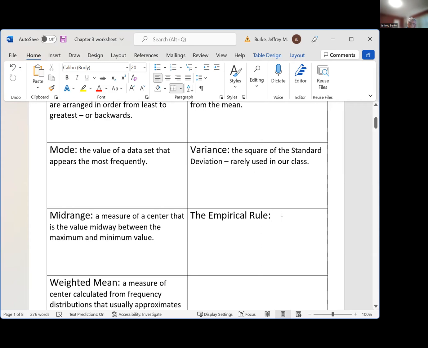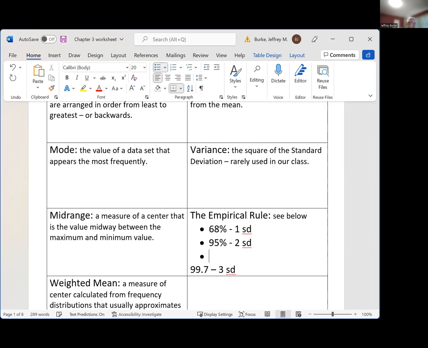It's over here. And we talk about how data is concentrated, how data is spread. When we take a better look at standard deviation, what we'll find is that more information is closer to the center of the data than it is further away.